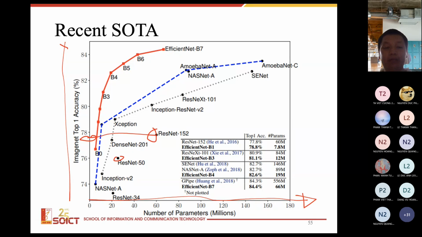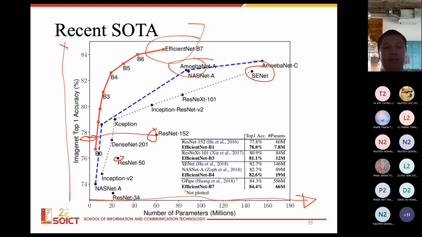You have more recent nets, such as EfficientNet, AmoebaNet, and SENet, right? So there are recent works that implement special mechanisms to do the network hyperparameter search, right?